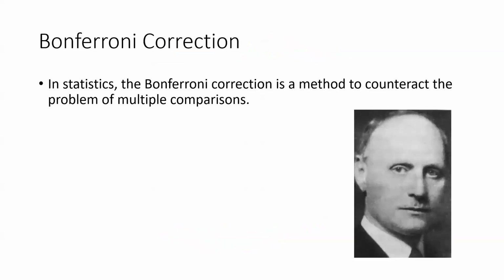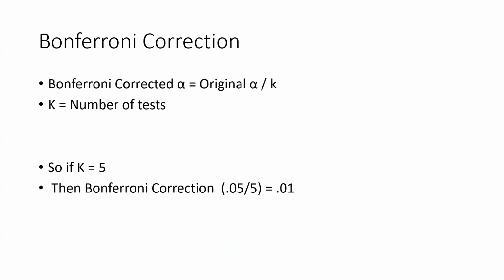And that is Bonferroni over there to the right. So in statistics, the Bonferroni correction is a method to counteract the problem of multiple comparisons. And how you calculate the Bonferroni correction is rather quite easy, at least compared to the family-wise error rate. And all it is, it's the original alpha. So we were working with an alpha value of 0.05.